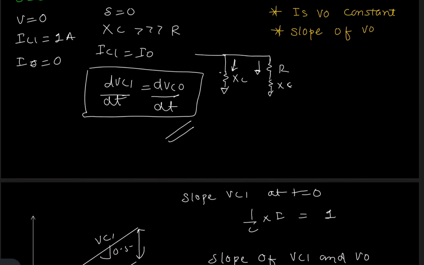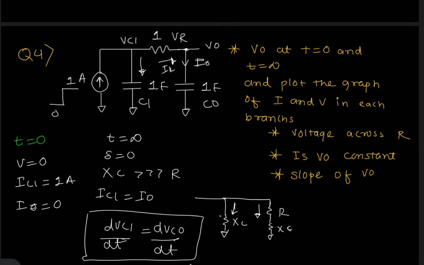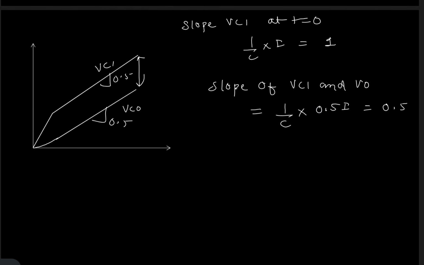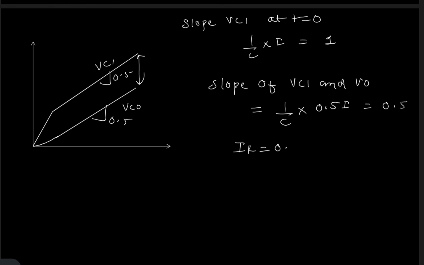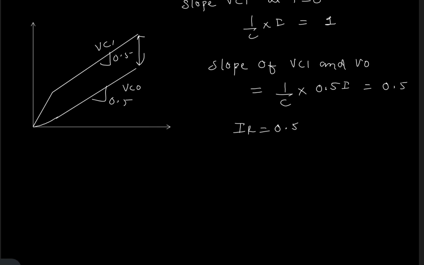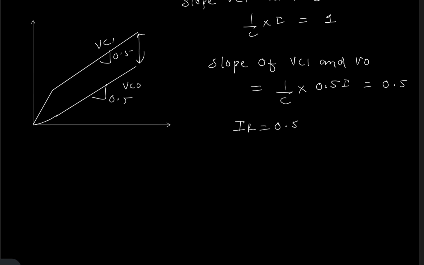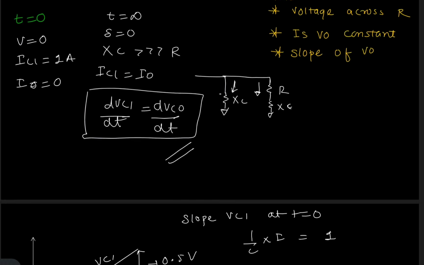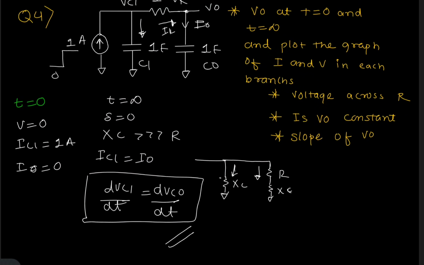IR into R. As the resistance and capacitance are in series, IR will be 0.5 and VR will be 0.5 into R. So this will be 0.5 volts. Okay, so this was it.